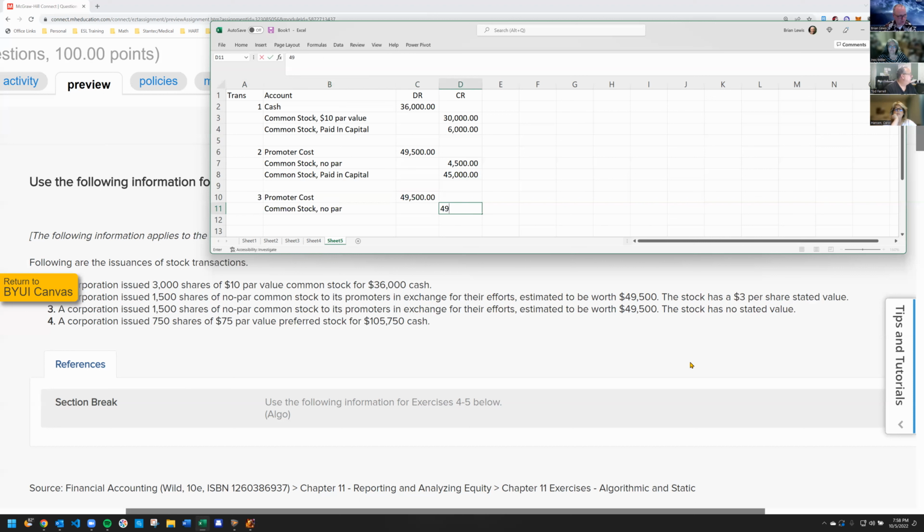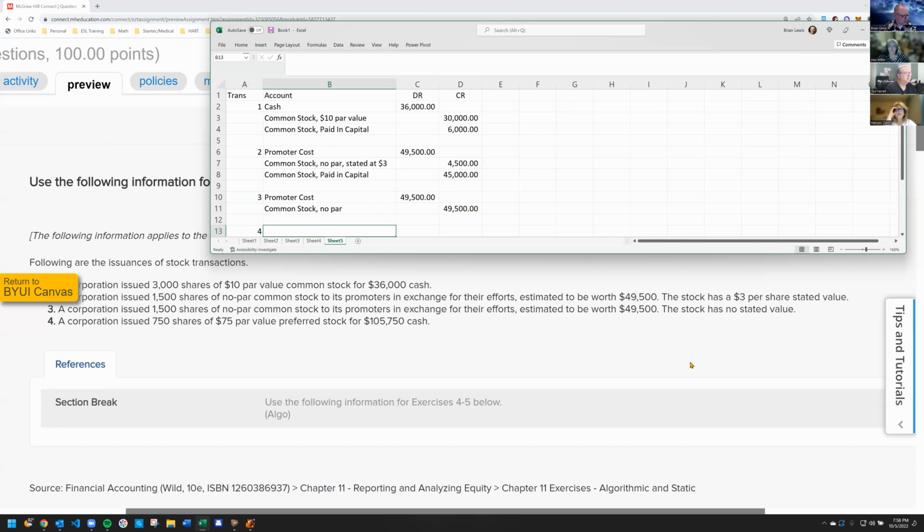We're just going to do 500. Because you can make it whatever you want, right? If they don't have an amount listed, it's just whatever. Yep. No par. So you don't have to break it down.